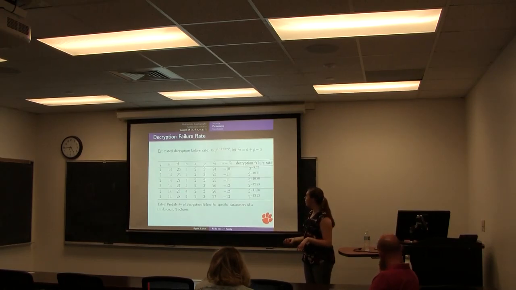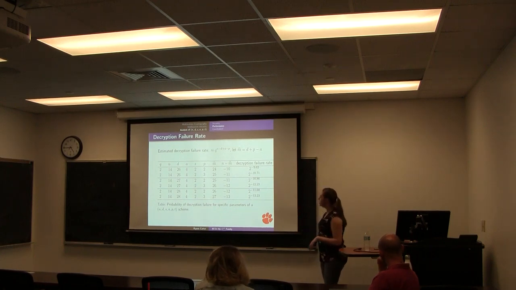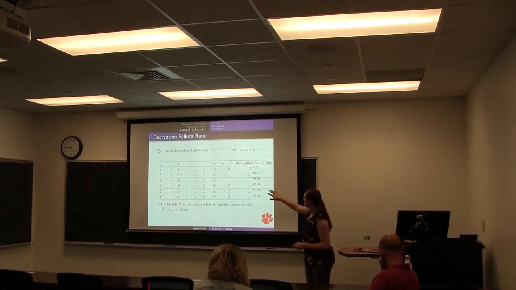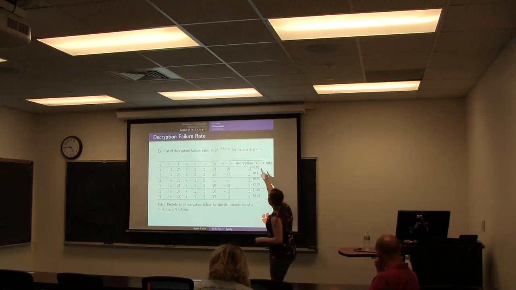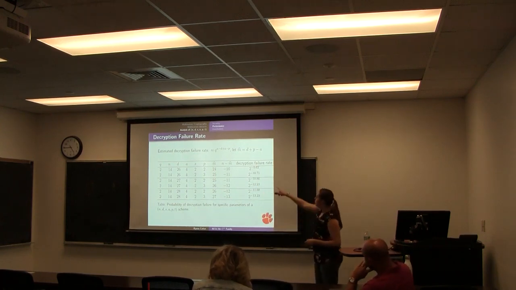And then here are some actual experiments of this. We can see that our estimate for these is very similar to what we're actually getting. That impact is going to be our number of equations, so it's Q to the N minus the number of equations.